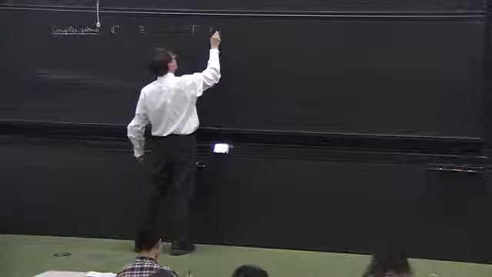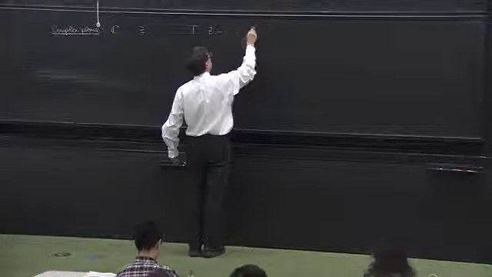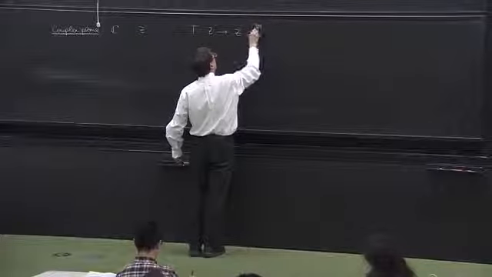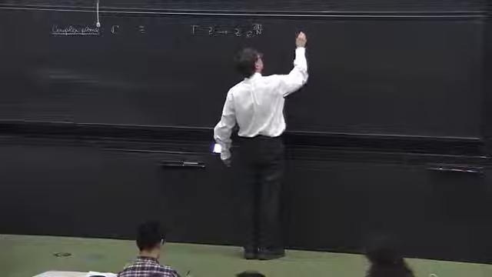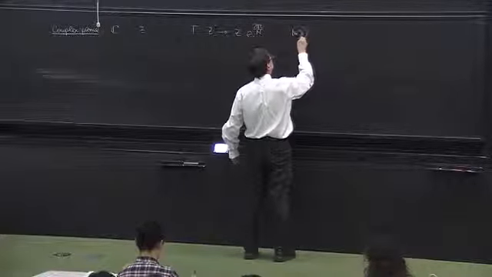So let's do an orbifold that is very famous. Consider the complex plane, like this, and real numbers. And let's consider the transformation T that takes Z to Z times e to the 2 pi i over n, where n greater than or equal to 2 is an integer.